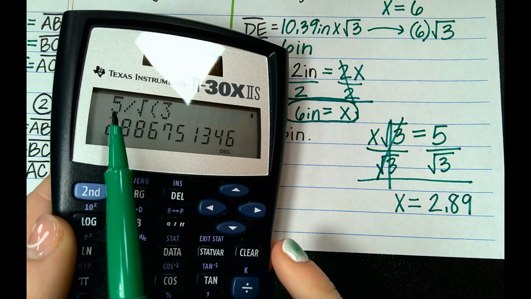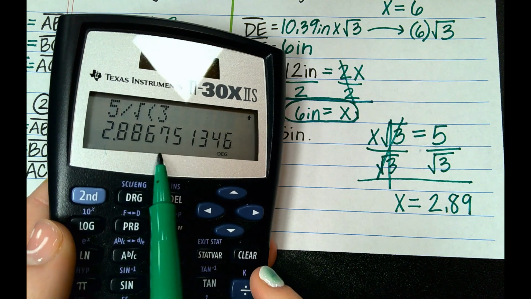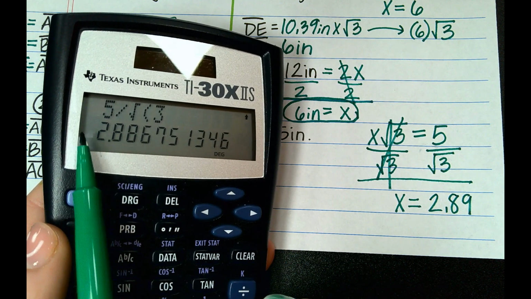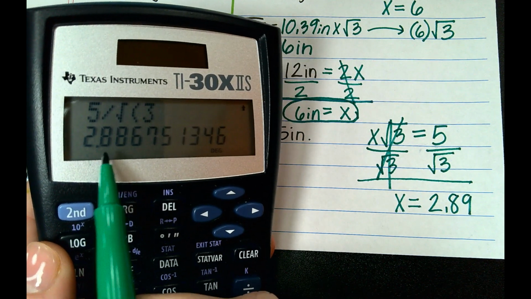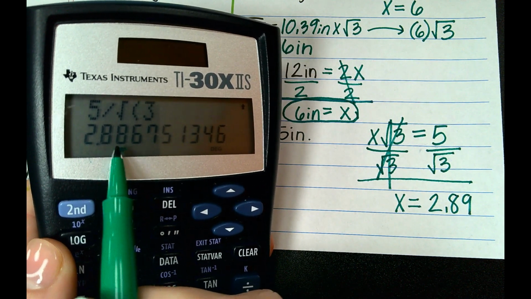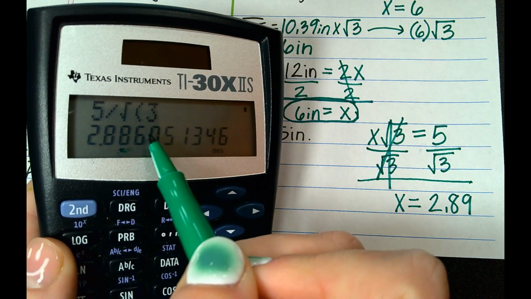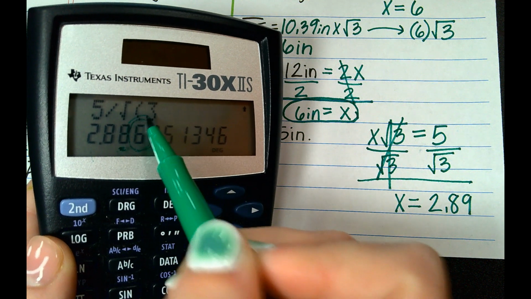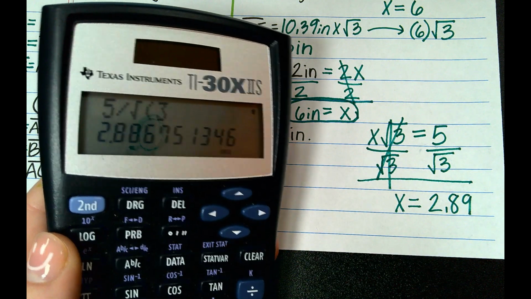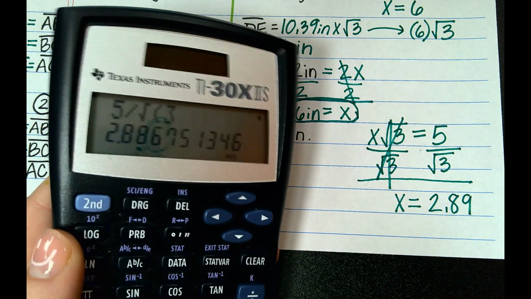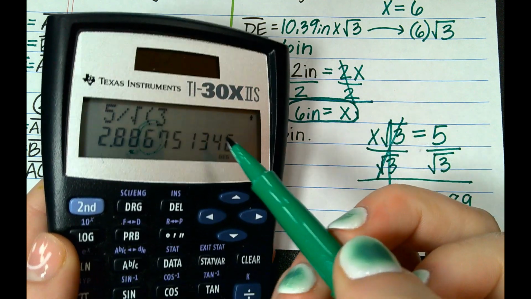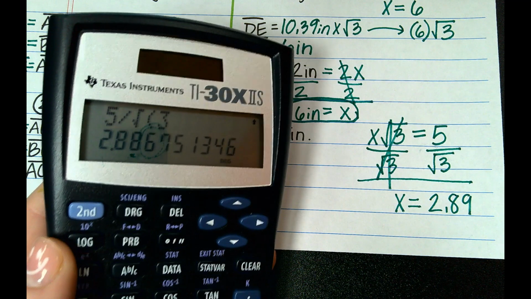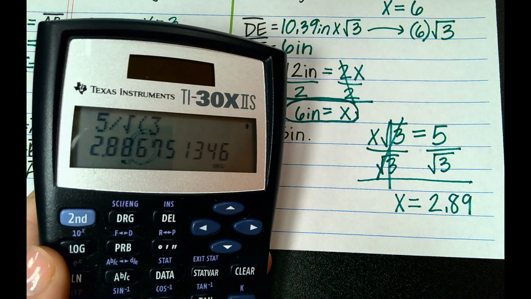So we have 2.886, and we wanted 2 decimal places. So we look at the 8, that's the second one, and then I'm looking at the number right next to 8. It's a 6. So if the number next to 8 is 5 or bigger, then 8 changes to 9. If it's 4 or smaller, then it stays at 8.